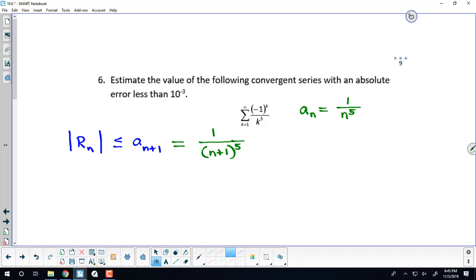So no matter what level of accuracy we want with this series that's given, that's always the first neglected term. And it says the error needs to be less than 10 to the negative 3. If our error is less than this thing right here, we know our error needs to be less than 10 to the negative 3. Then that is our error, right?